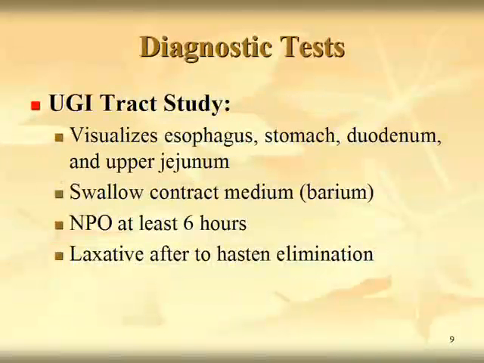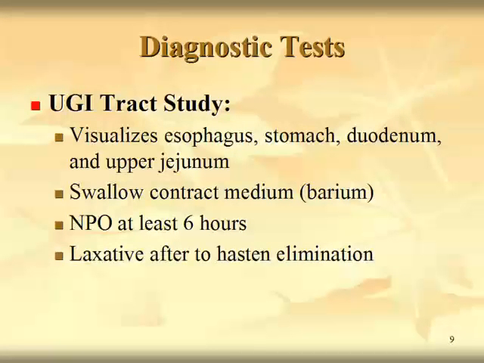Diagnostic tests to look at the upper GI tract would include things like a barium swallow. Typically those are used to look at the esophagus, stomach, duodenum, and upper jejunum. Those patients need to be NPO for 6 hours before the test, and they'll have a laxative afterwards to help get rid of the barium.